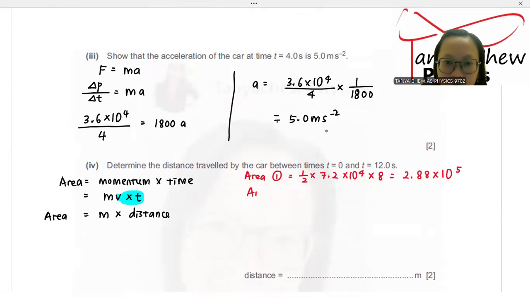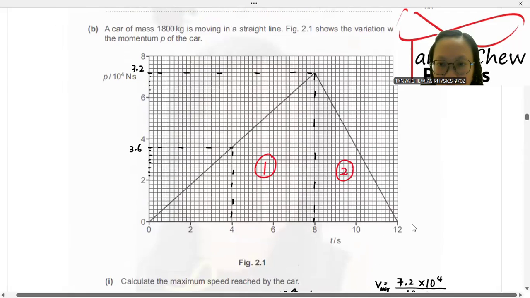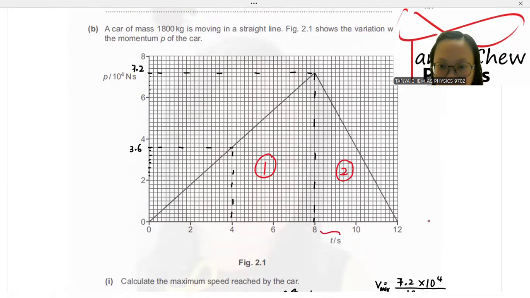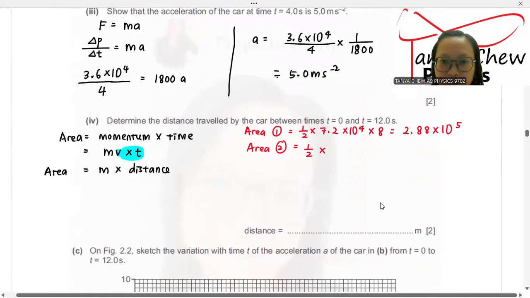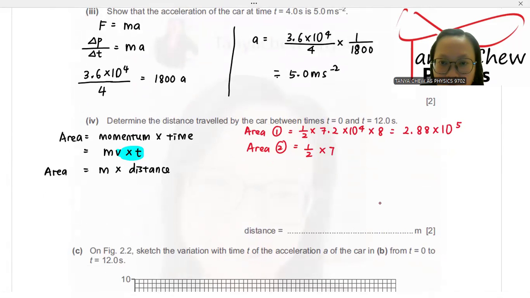And then area 2, another triangle, half times 12 minus 8, that is 4. Times 7.2 times 10 to the power of 4 times 4, multiplied by half, and I got 1.44 times 10 to the power of 5.